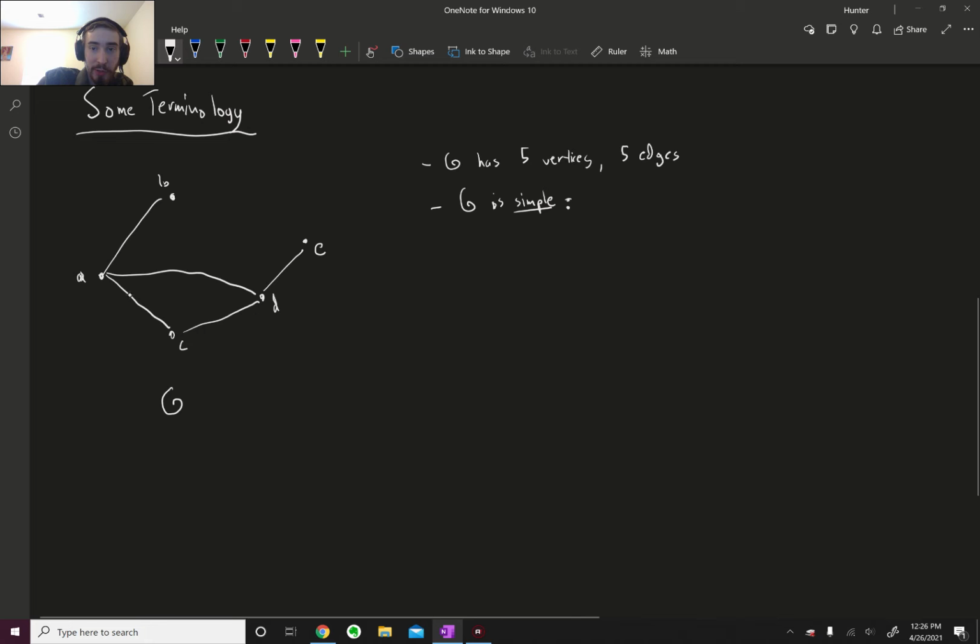So this is what we call a simple graph. There are no multiple edges and no loops. A loop would be if I had another edge, say in red here, that connects E to itself. That is a loop. And usually we're going to think about graphs that don't have loops.